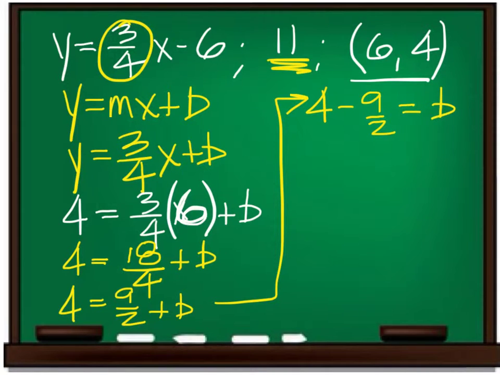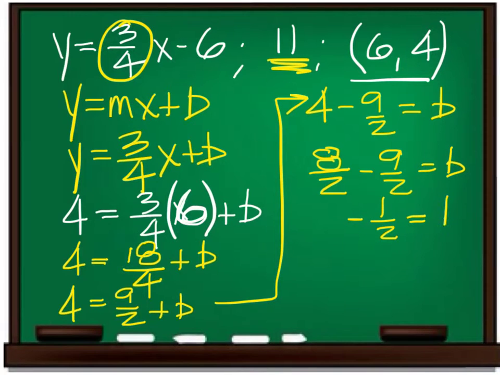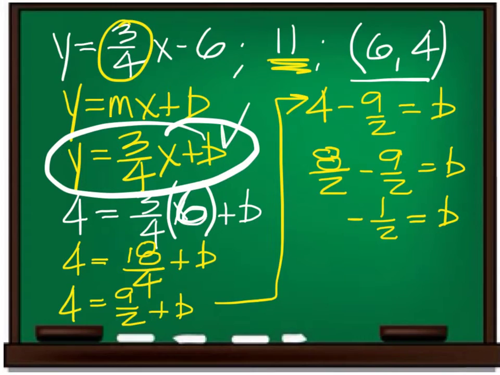From there, you need a common denominator of 2. 8 over 2 is the same as 4. 8 minus 9 is negative 1, so we have a negative half. And we're going to insert that back into here for b. So y equals 3 over 4 x minus 1 over 2.